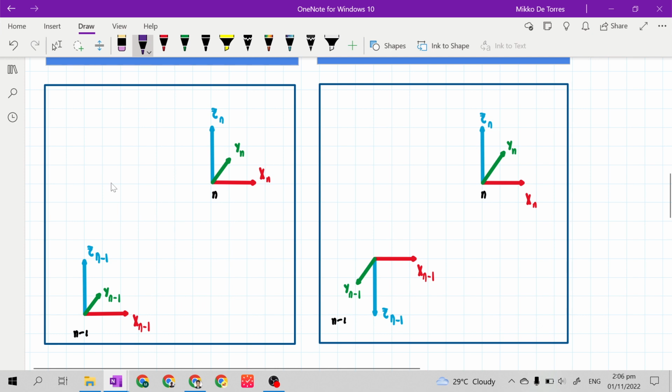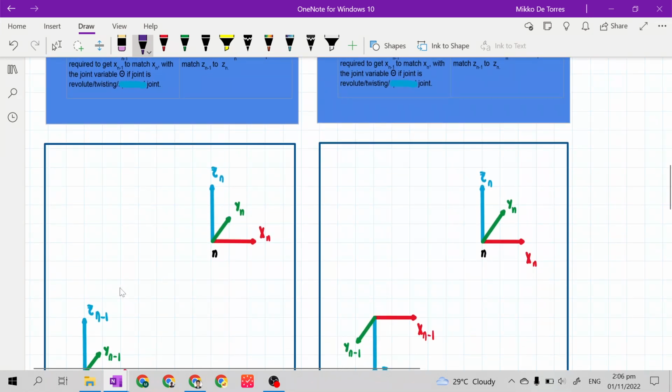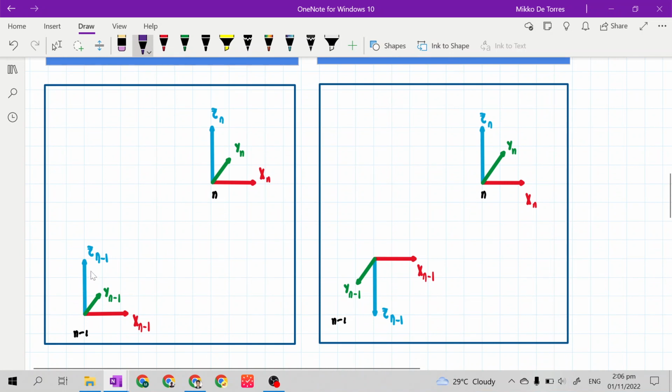So theta is the rotation around Z sub n minus 1. So this is Z sub n minus 1, and the rotation here is what we call theta.